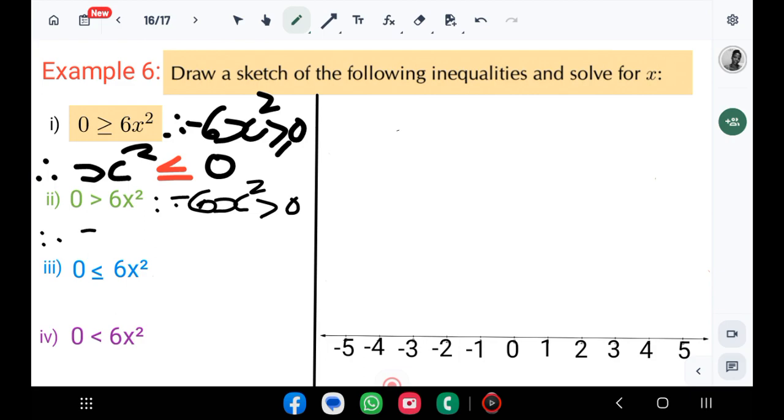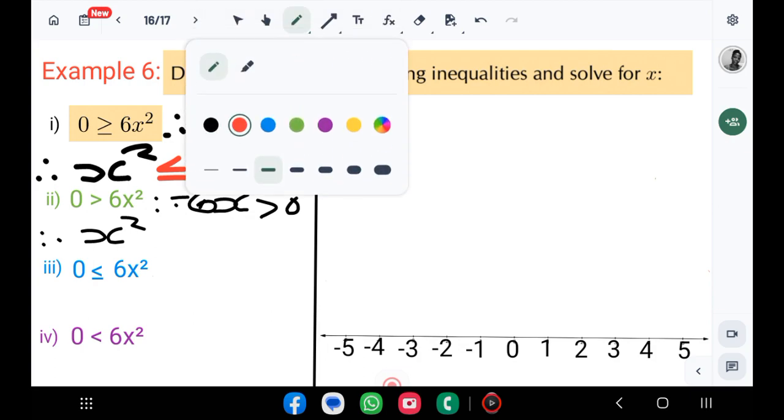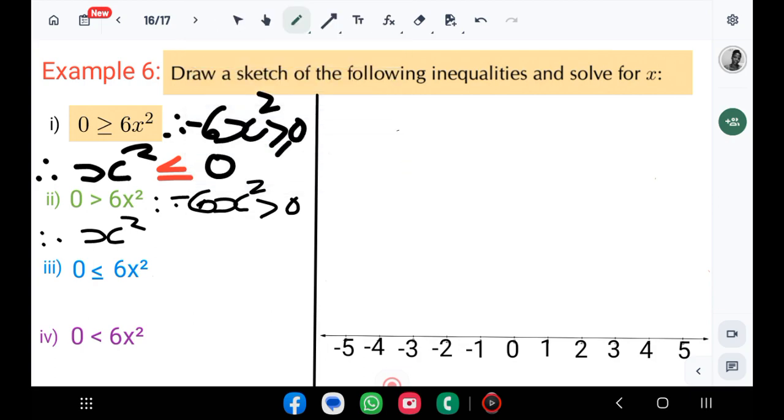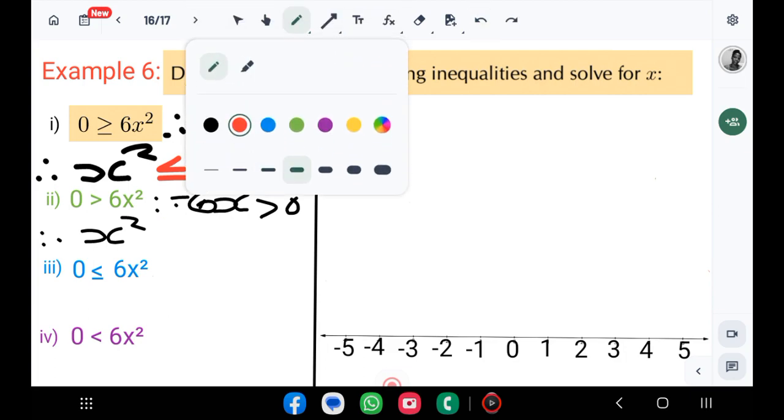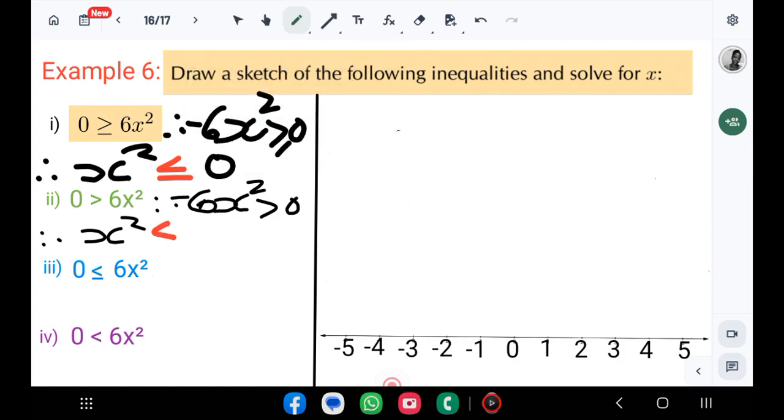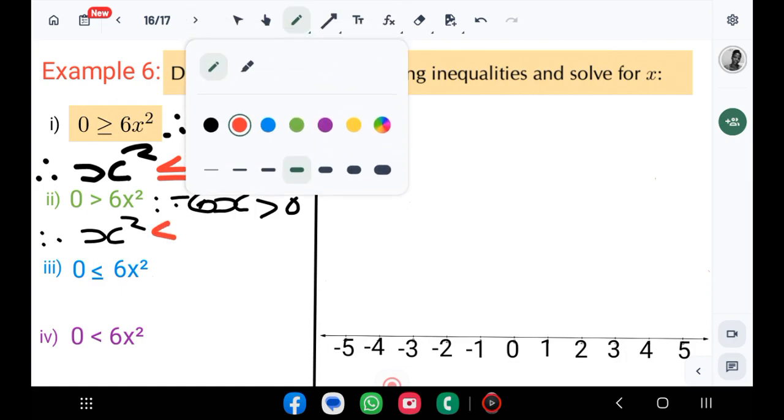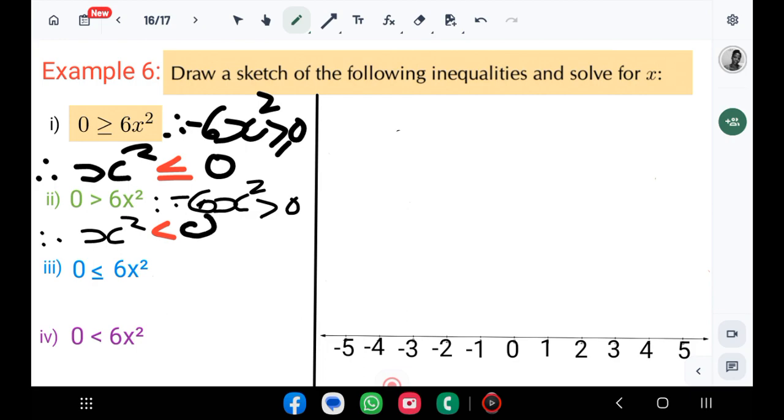That becomes x squared is now less than, not greater than, it's now less than 0. That's what we have as a scenario on the second one.